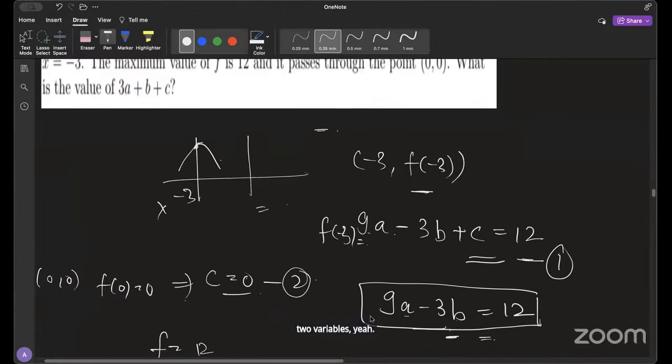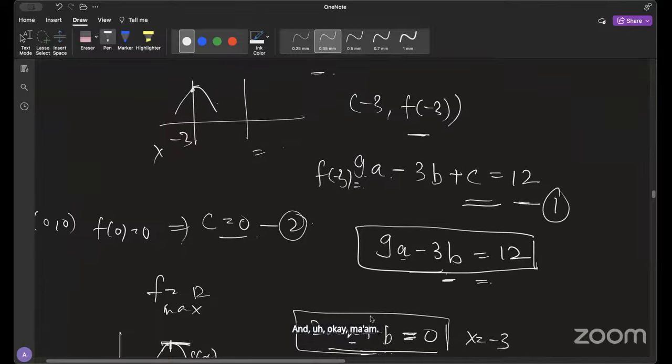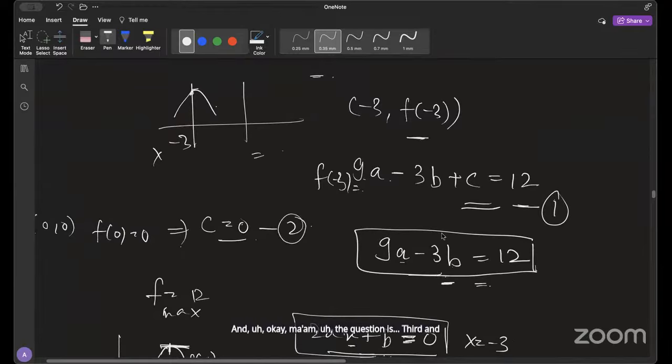The student replied that using the third and first equations, we get a equals minus 12 by 9, that is minus 4 by 3, and then substituting, we got a equal to 4.